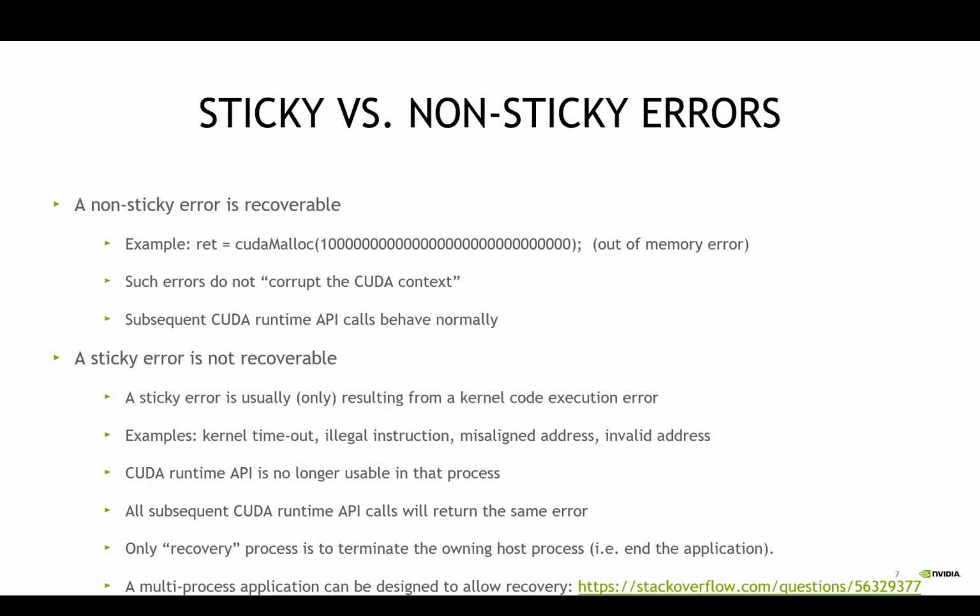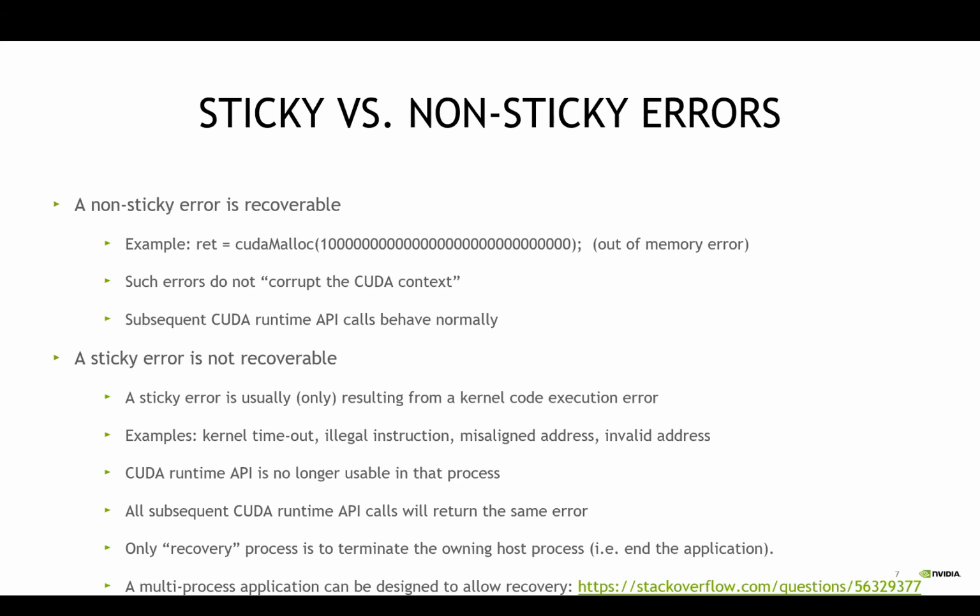So for example, if I do a CUDA malloc call and I simply have a parameter that's way out of range, whatever that number is, I don't have that many bytes available in device memory. That CUDA malloc call is going to return some sort of out of memory error. However, if I did another CUDA malloc call after that, or really any other activity of the runtime API, like launch a kernel or what have you, we would expect those to behave normally.